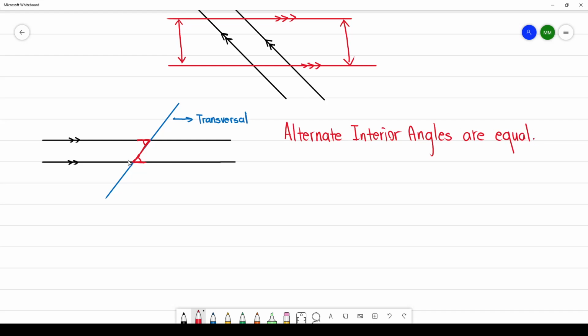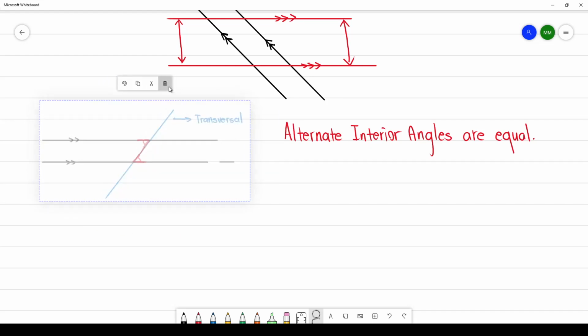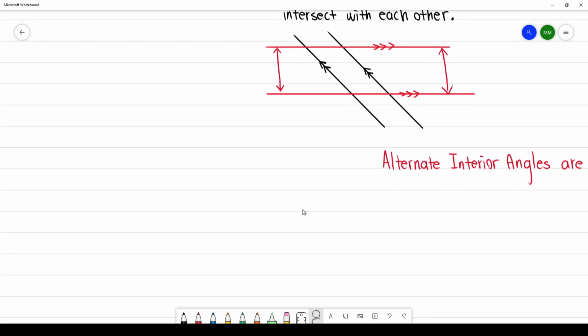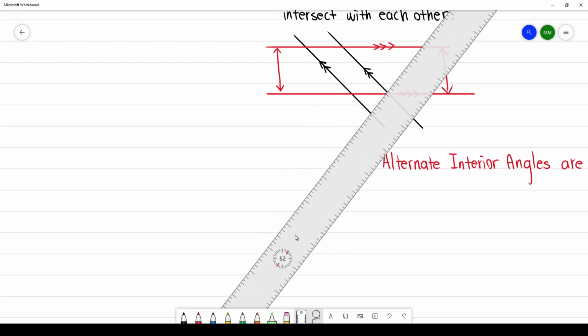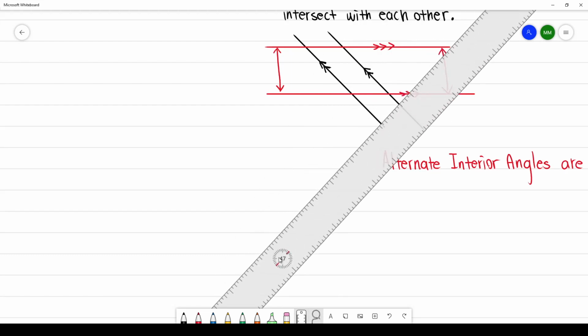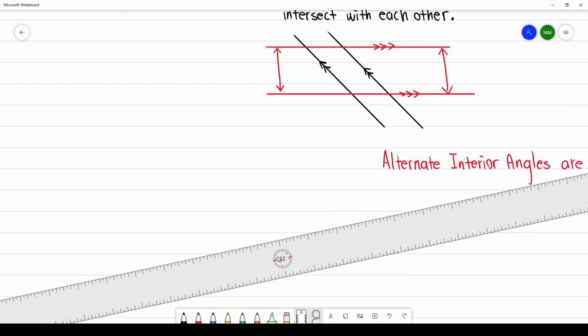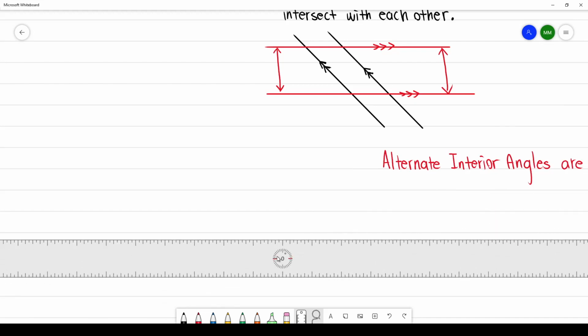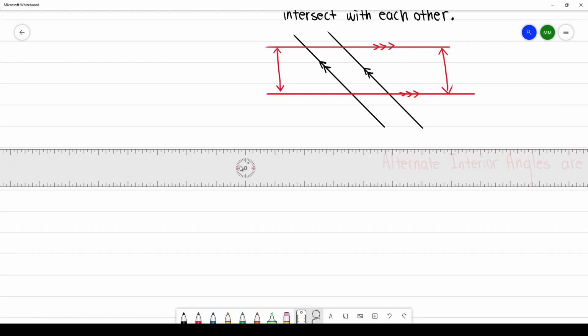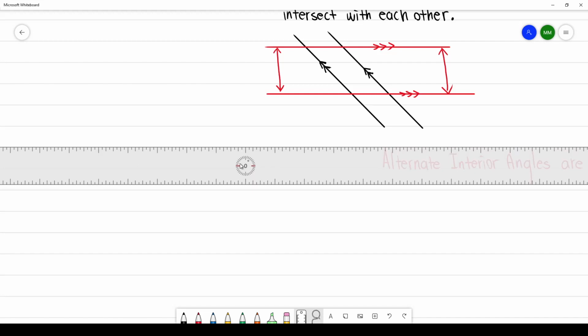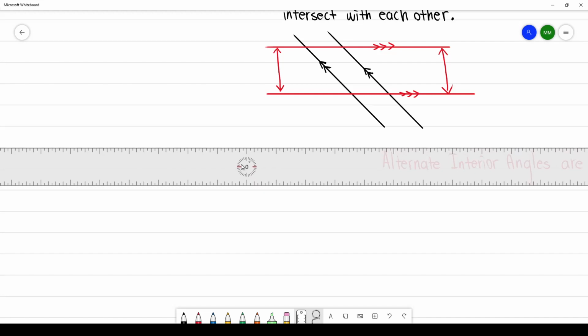So how I recognize interior angles, actually, wait, let me just draw this bigger, okay? Because I'm going to do a lot more drawing on here. Angles are really a visual concept.